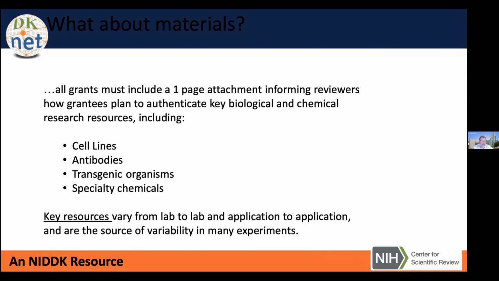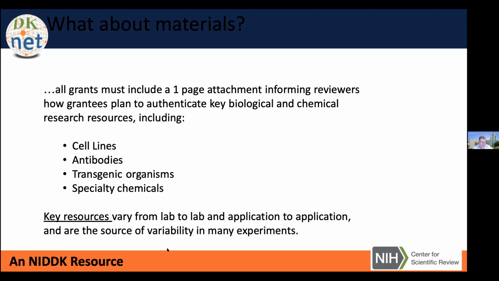In terms of the authentication plan, all grants are required to include a one-page attachment on how the grantees plan to authenticate the research resources. The reason for that is that these resources vary from lab to lab, and they can vary from application to application.